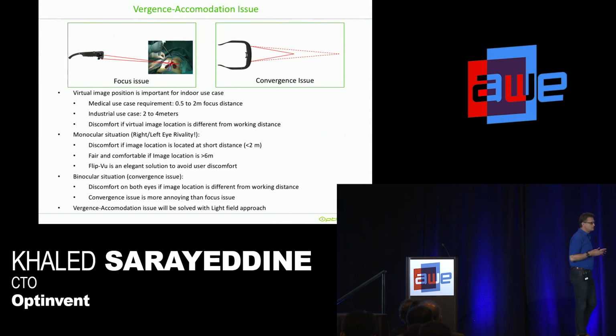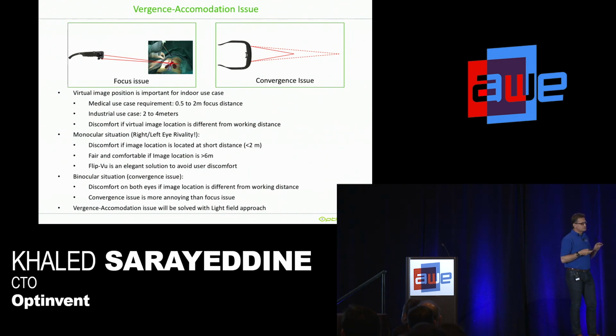If you have monocular glasses, you have rivalry between right and left eye. And then you have a discomfort if the focus is really very short, meaning less than 2 meters. If it's large enough, the depth of field helps you to avoid this rivalry. Here, what we call flip view, you could also have, like in our glasses, a system that flips up and down to allow people to have a better situation.